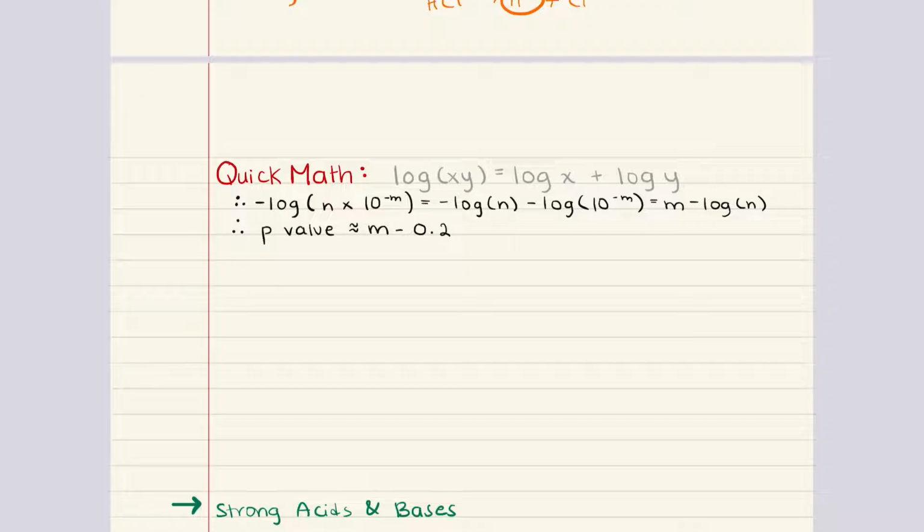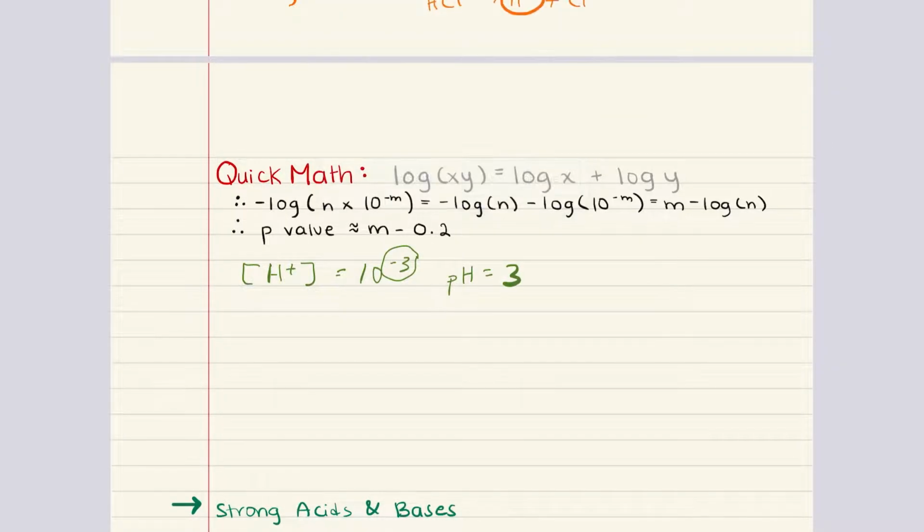All you have to do is change the sign on the exponent, and that will give you the corresponding p-scale value directly. So if you know that your hydrogen ion concentration is equal to 10 to the minus 3, the pH is just going to be a change in sign in the exponent. So the pH is going to be equal to 3.